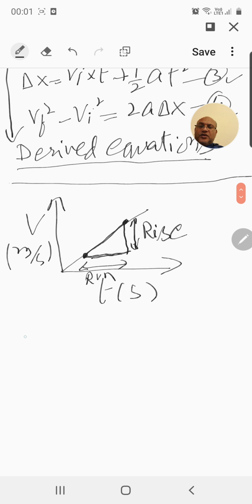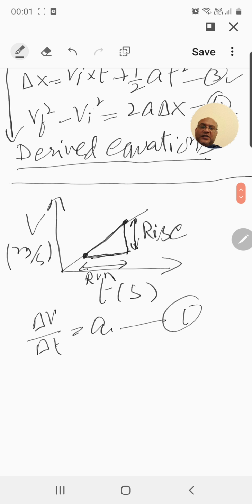So your rise over run comes out to be delta V over delta t, which is the definition of acceleration. This was your equation number 1. So why is equation number 1 called a fundamental equation? Because you obtained that equation directly from the velocity time graph, right?